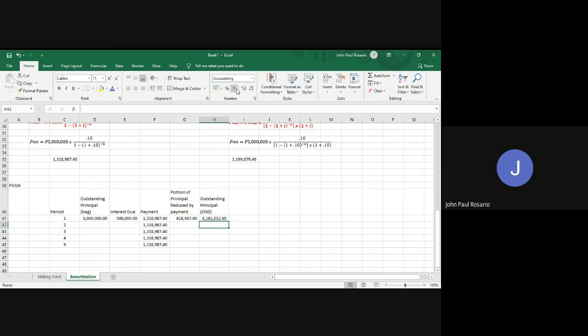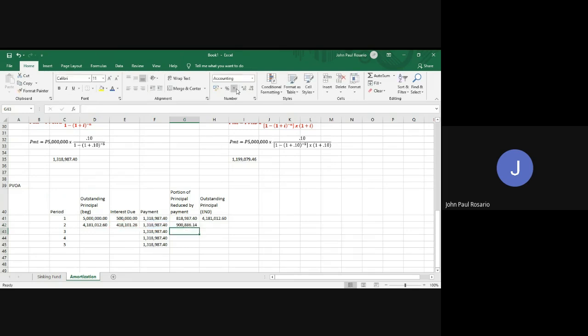Okay, so now our outstanding principal end will now become our beginning principal at the start of the next period, and the process would continue. So this one, we multiply our outstanding principal balance at the beginning of the period by 10%, and then our portion of principal reduced by payment is simply our payment, and then we deduct our interest due.